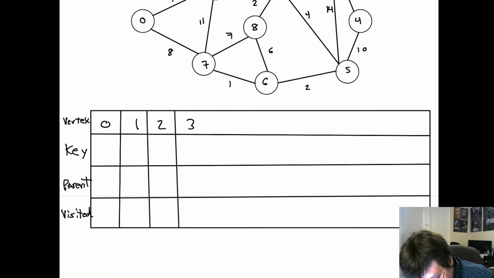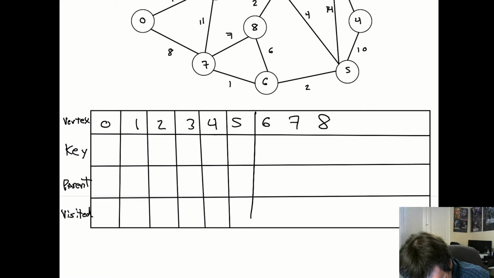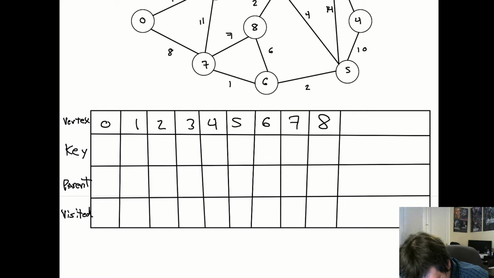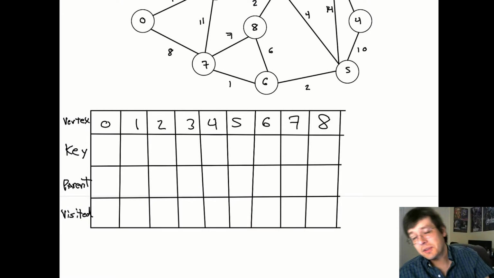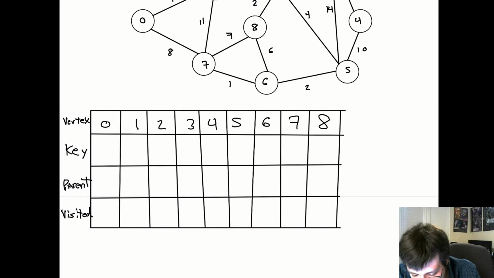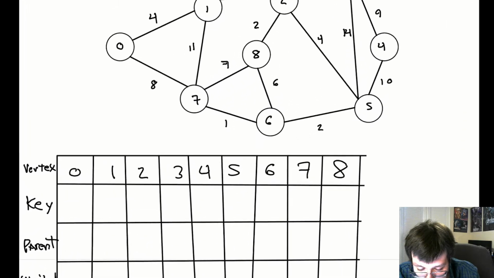2, 3, 4, 5, 6, 7, 8. Not quite straight, but okay. Somewhat okay-ish. All right, so here's what we got.